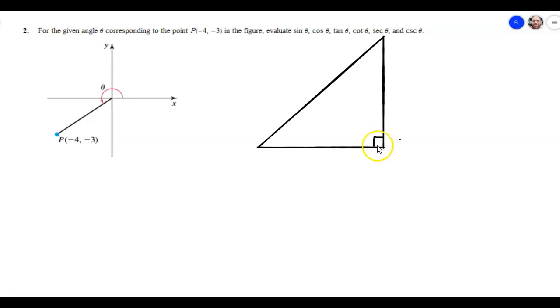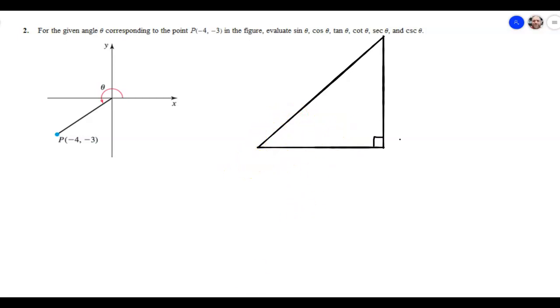Now, because that's 90 degrees, these other 2 angles have to be acute, which means that they're less than 90 degrees. Why? Because if we had 2 90-degree angles, that would be 180 degrees, and we know that the sum of all angles has to be equal to 180. Therefore, the last angle would have to be 0, which it can't be in a triangle because then you wouldn't actually have a triangle. So we have these 2 acute angles.